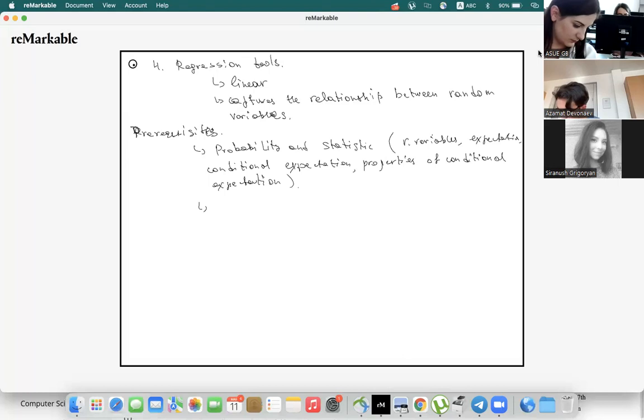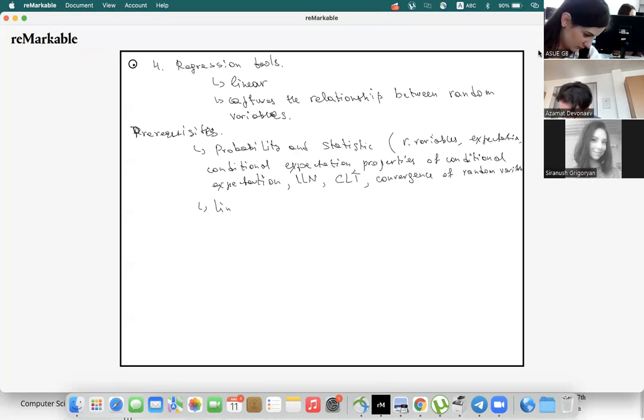Also the law of large numbers, central limit theorem, and the convergence of random variables.